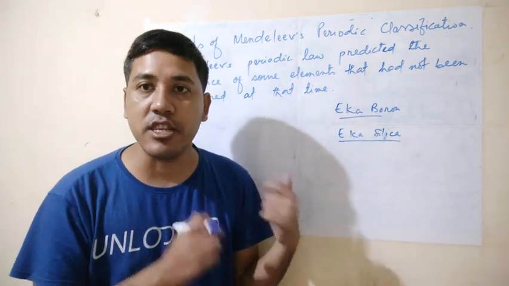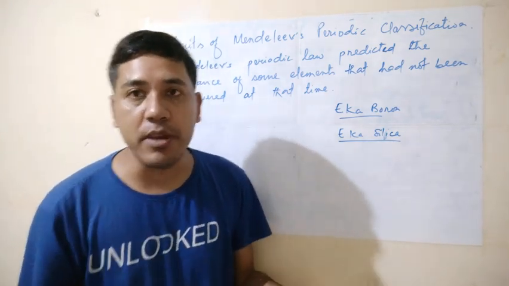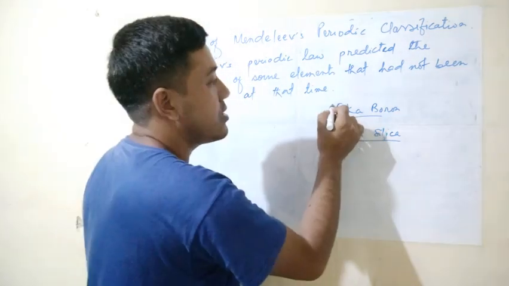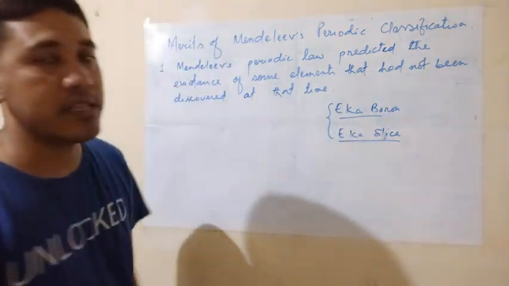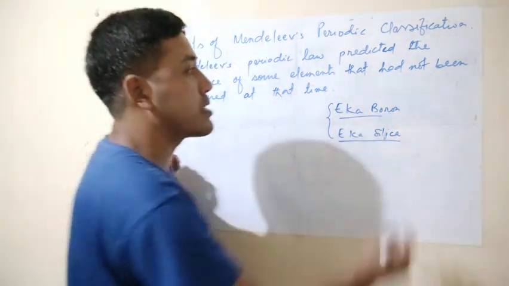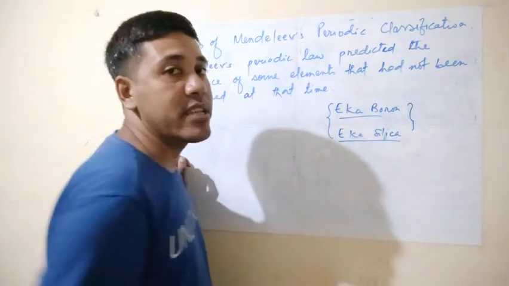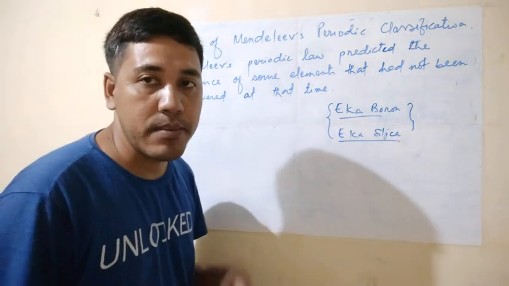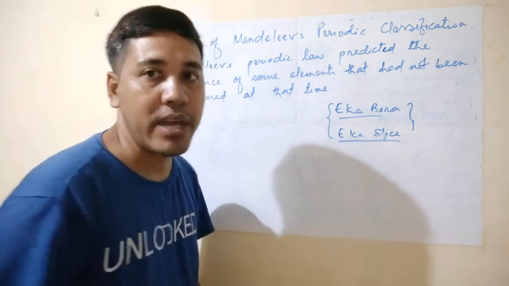At that time, Eka boron and Eka silica were not discovered, but he predicted that these elements would appear after some time.